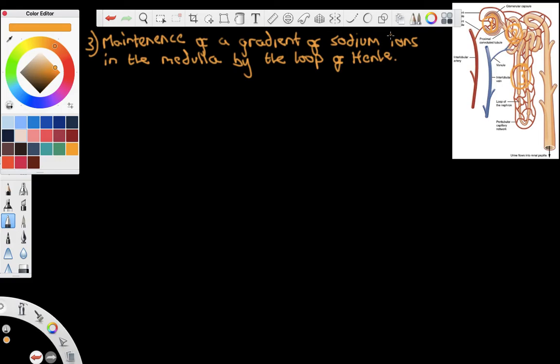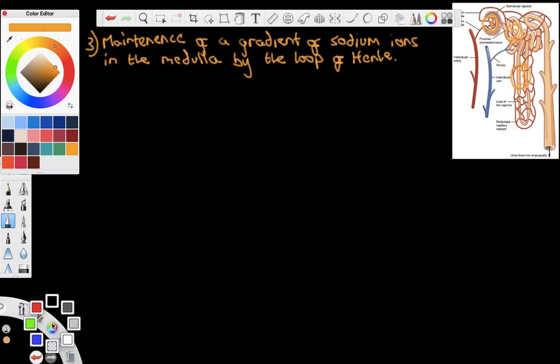Okay. Now, the loop of Henle consists of a descending limb, which has walls that are highly permeable to water, and an ascending limb, which has thick walls that are impermeable to water.